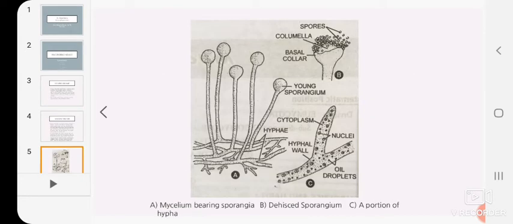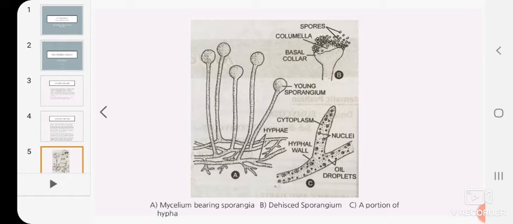You can see the structure also. You can see the prostrate hyphae which are growing horizontally, and they send their branches into the substratum. But rhizoids are not present. You can see the vertical hyphae also, which bear the club-shaped structures known as sporangia.